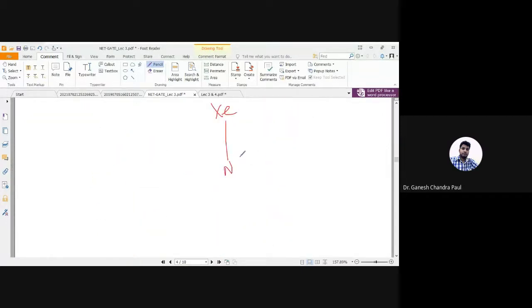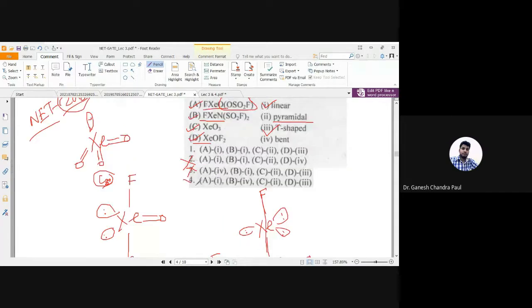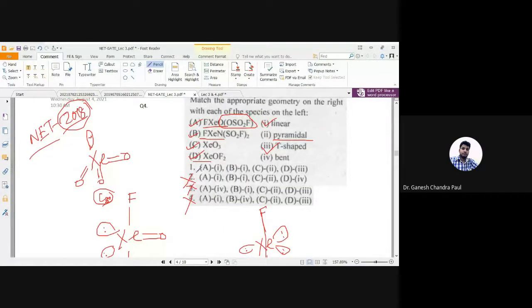So nitrogen, then the SO2F whole 2, is also a linear structure like this. Okay, so obviously option 4 is not matched with this, so option A is the correct answer. So that means option 4 in the right hand column is only given as a false statement.